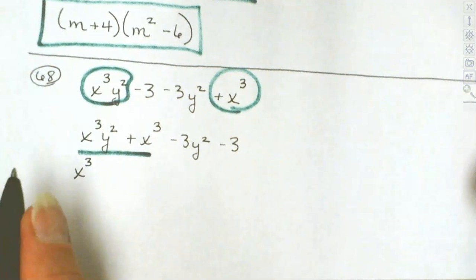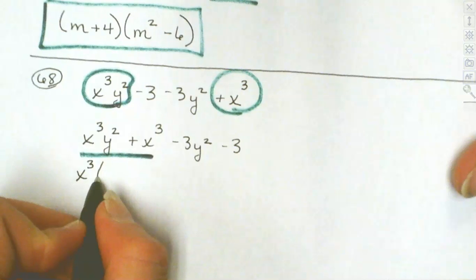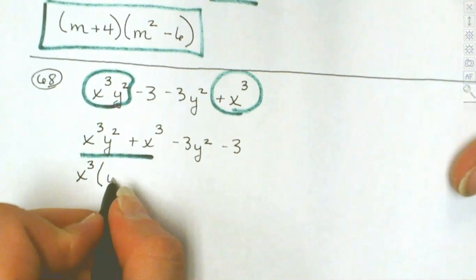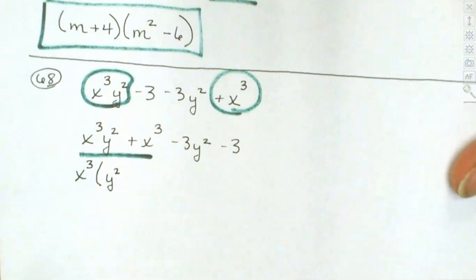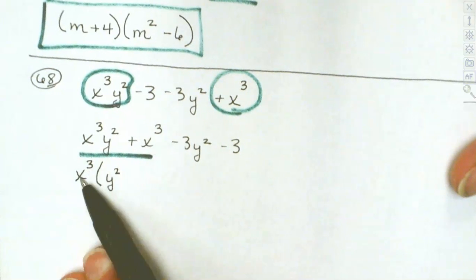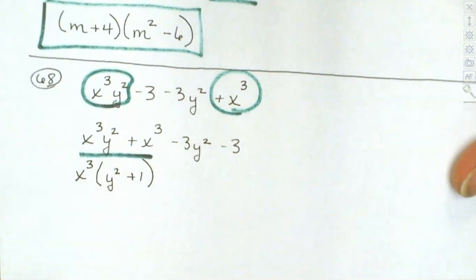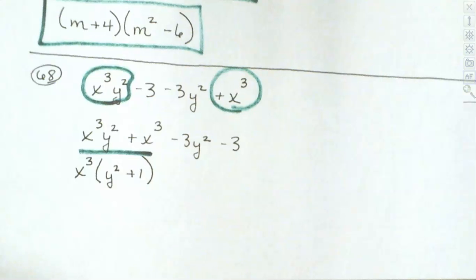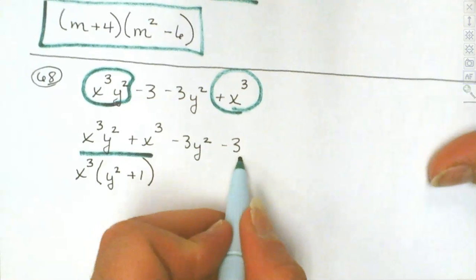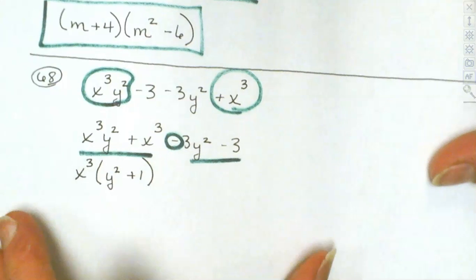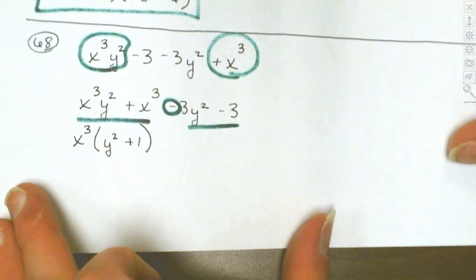What's going to be left over if I factor out that x cubed? If that x cubed came out, that left you then with a y squared. Those completely go away, but we always leave a 1. So if it comes completely out, you leave a 1. Now the next two pieces. If it begins with a negative, you always want to make sure that you factor out a negative.